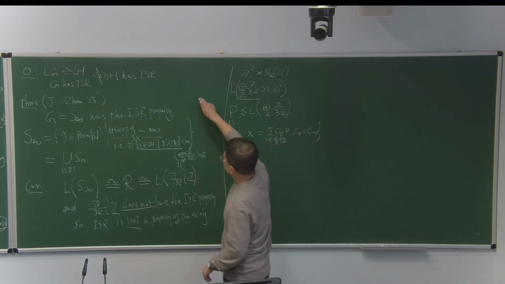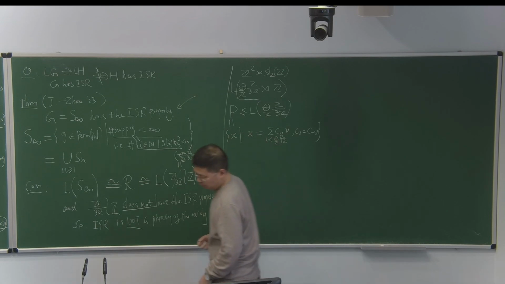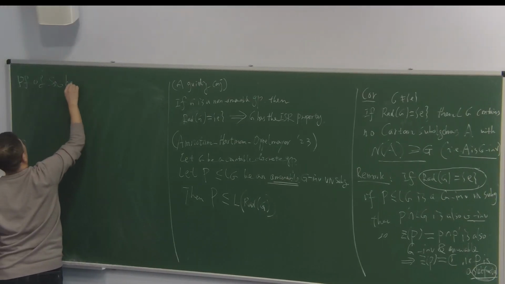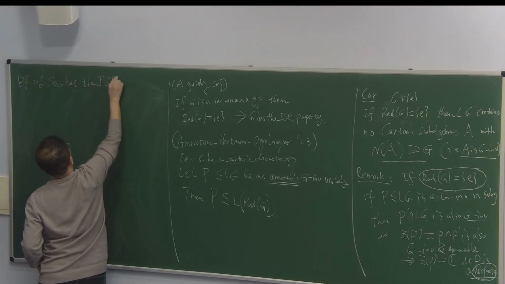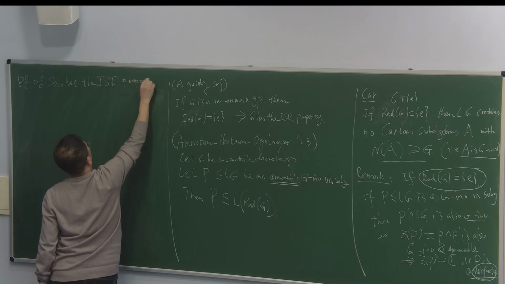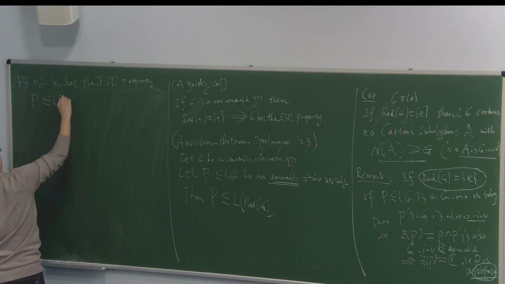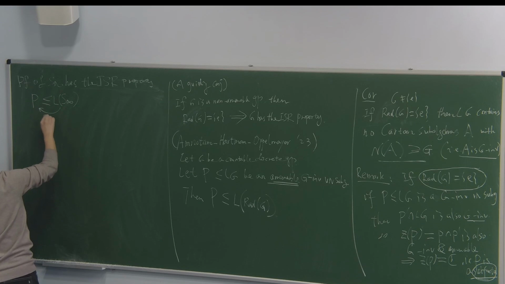So how do we prove this? Recall that whenever we start with an invariant von Neumann subalgebra P, I denote E to be the conditional expectation, which is trace preserving.